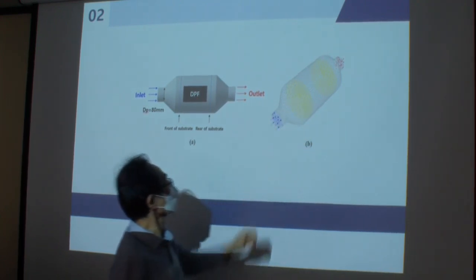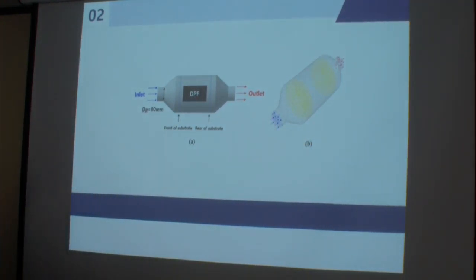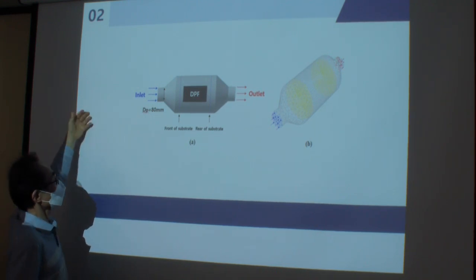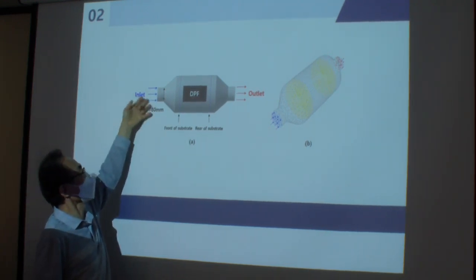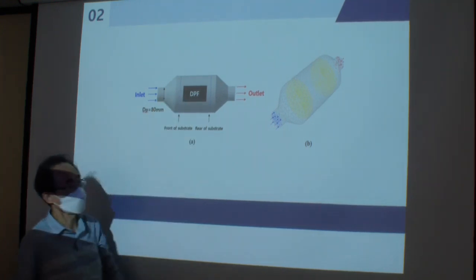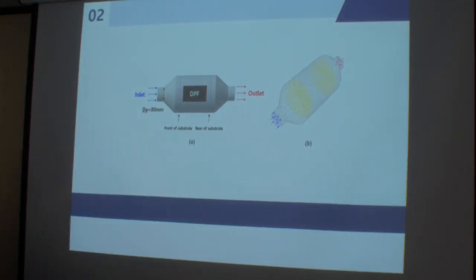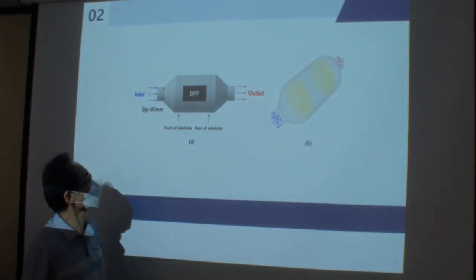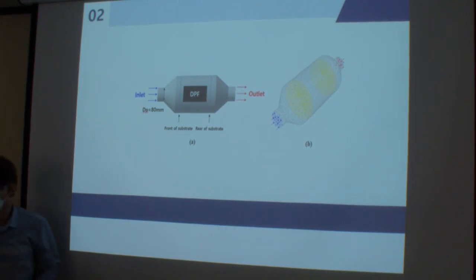So we have to understand this kind of phenomenon: flow coming from the engine, then there is some accumulation in the DPF, and then it goes out like this. So it is very important to structurally understand the DPF. So this is the basic geometry of the DPF. We try to study this.